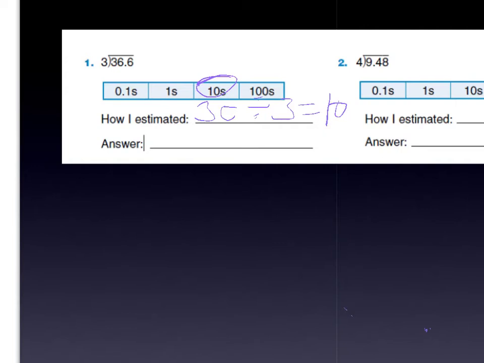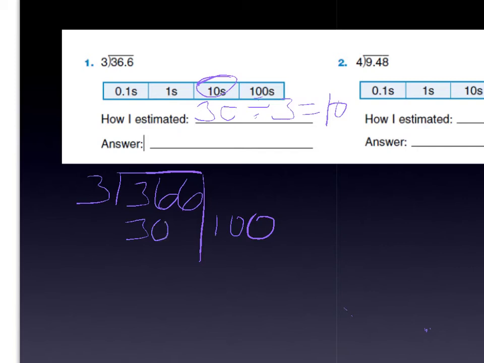Now I actually need to solve, okay? So now I'm going to again ignore my decimal point. I don't need it right now. I can just do my partial quotients, okay? So, I'm at 366, so I am going to do 3 times 100, which gives me 300. Okay, subtract, and I get 66.